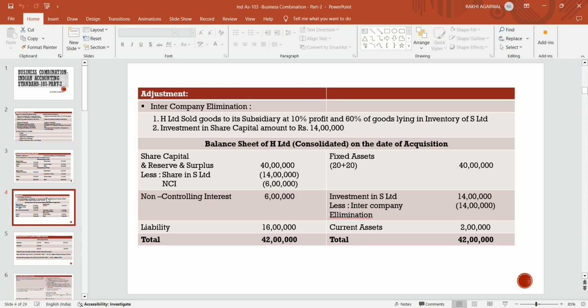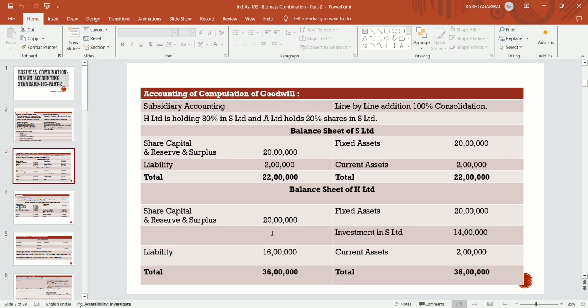And now they acquire. In consolidation, what happens? Intercompany investment is to be eliminated because we have already acquired the shares of S Limited. So investment is to be removed, and there is an elimination entry in the share capital, because we had made an addition of 20 and 20.